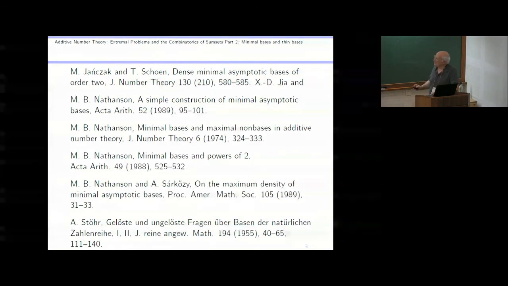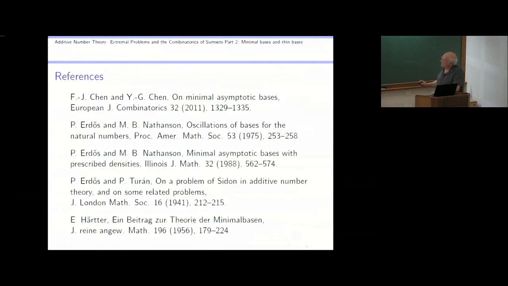But he had a PhD student named Erich Härtter. And so the year later, Härtter has this paper, a contribution to the theory of minimal bases, where he proves the existence of minimal bases of the type that I was interested in. In fact, he proves there are uncountably many of them, but he didn't have any example.